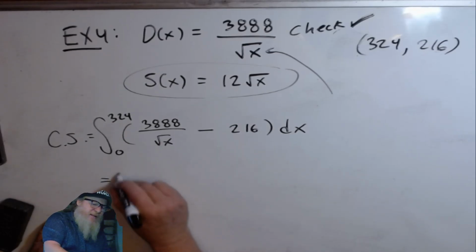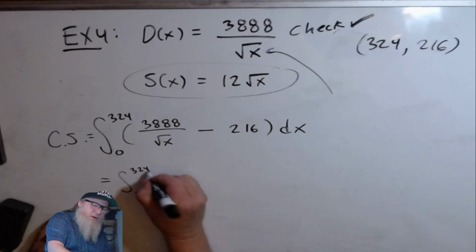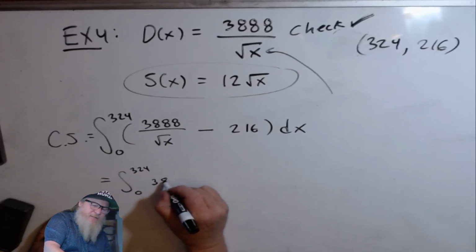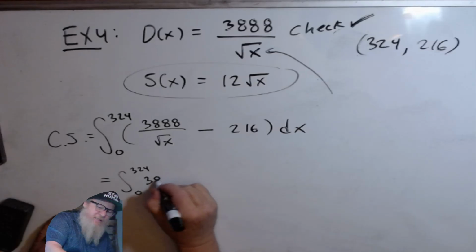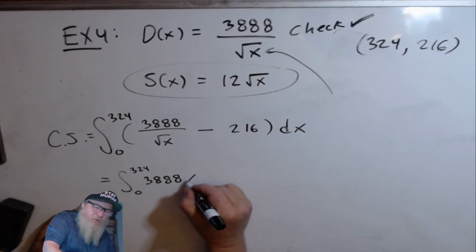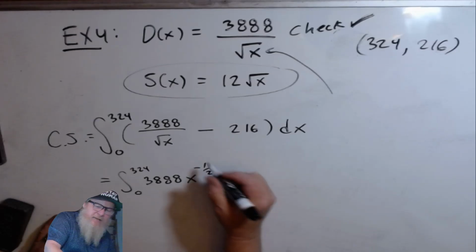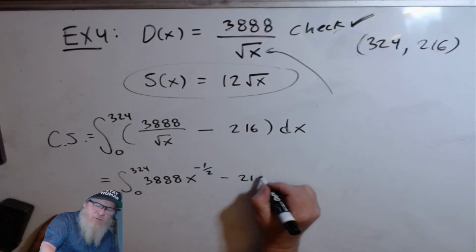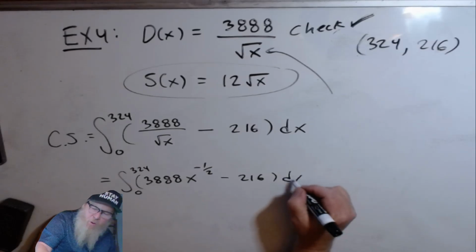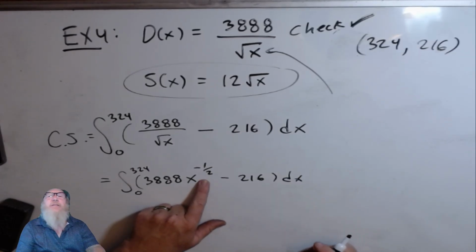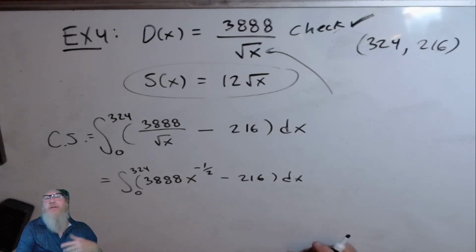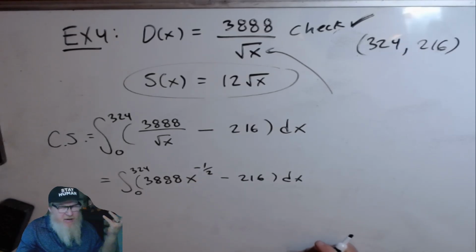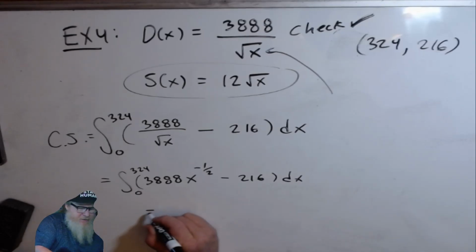Now, we haven't done these in a little while, so let me show you one trick. It's not really a trick. Trick is the wrong word for it. It's a technique. It's the important technique of rewriting square roots as powers before you do the antiderivative. If you do it afterwards, that's fine, but that means you already knew the answer.